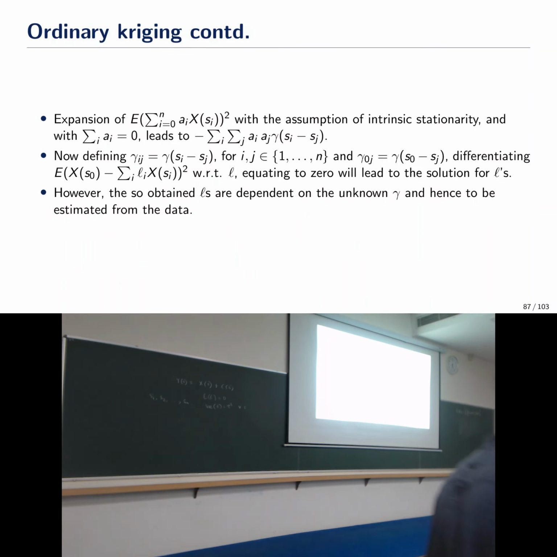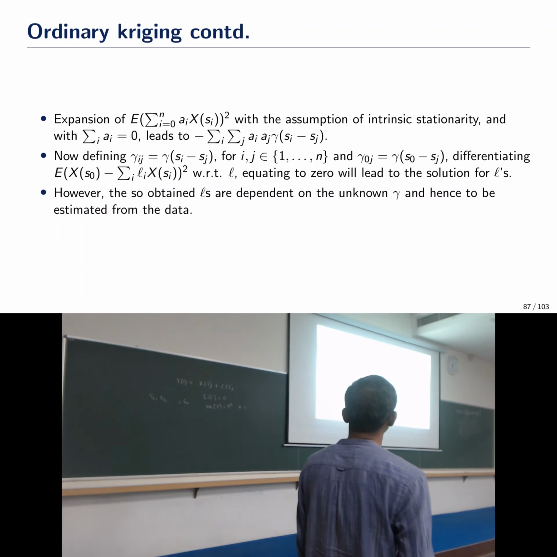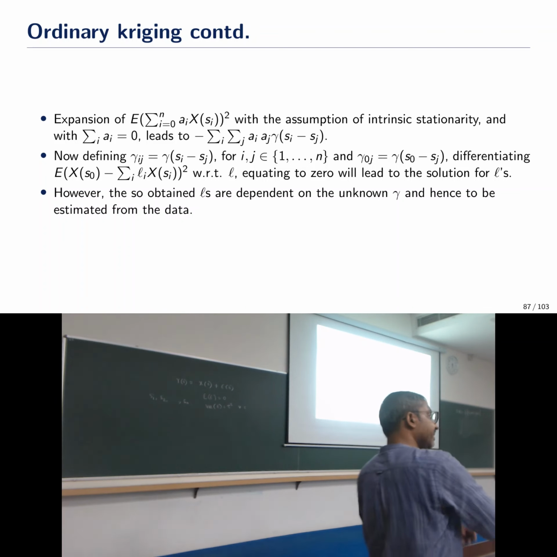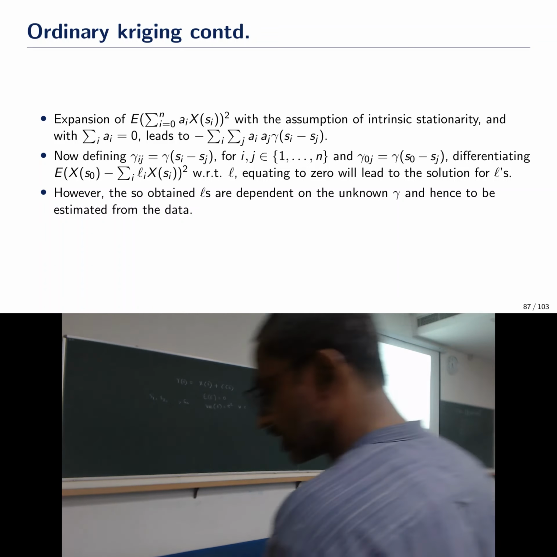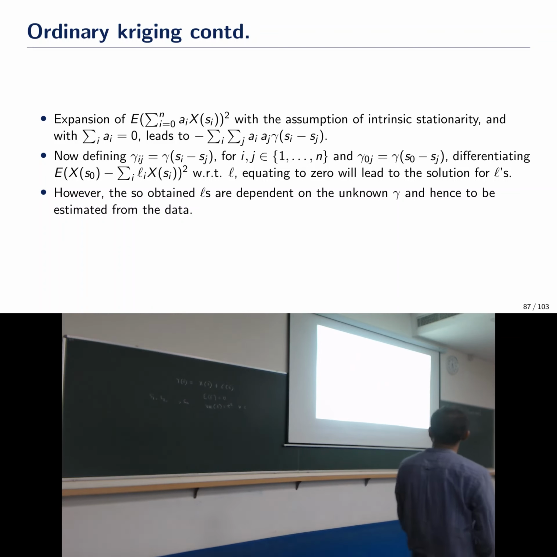And what you can show is that if you assume intrinsic stationarity, then this is nothing but the negative of this quantity that we have mentioned. From there we arrive at conditionally negative definiteness. So this condition is not coming from nowhere, it has a purpose. The factor of 2 you started with at the beginning is helpful here because you don't have that factor.